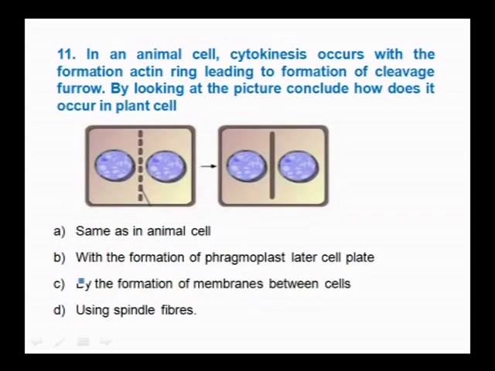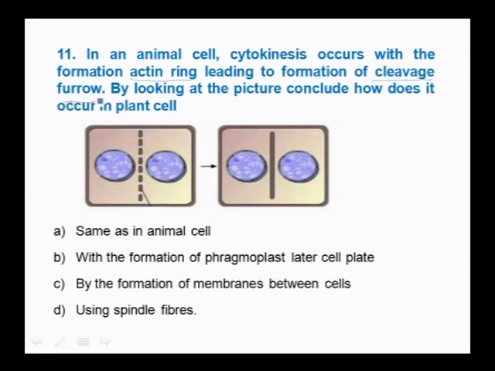Now the 11th question, it is regarding cytokinesis. In an animal cell, cytokinesis occurs with the formation of actin ring leading to the formation of cleavage furrow. So they have explained how cytokinesis occurs in animal cell. So animal cells cytokinesis will be formed by actin ring, which will lead to the formation of cleavage furrow.